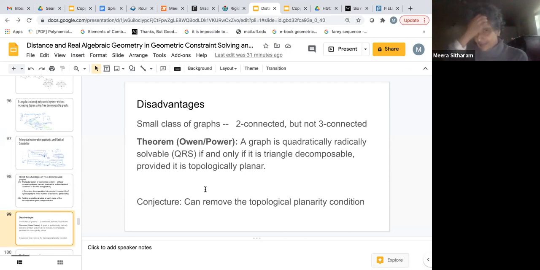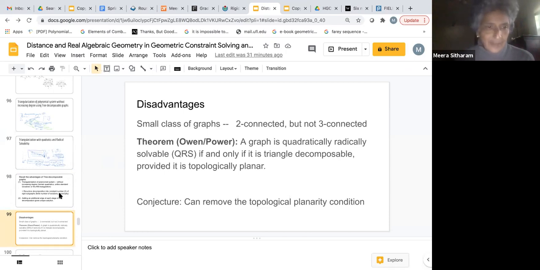The disadvantage of this, of course, is that it's a small class of graphs. The graphs of these polynomial systems are very special. They are simple graphs that don't have these properties.